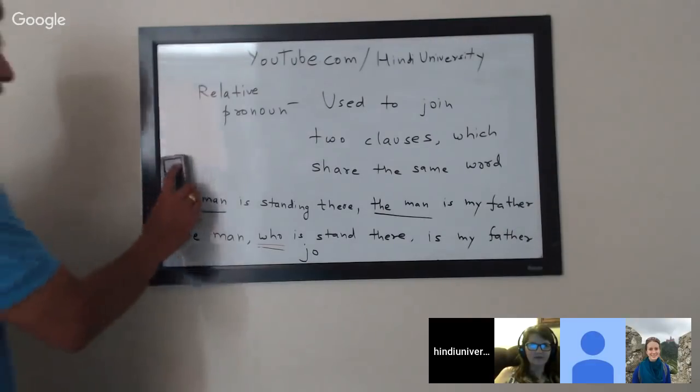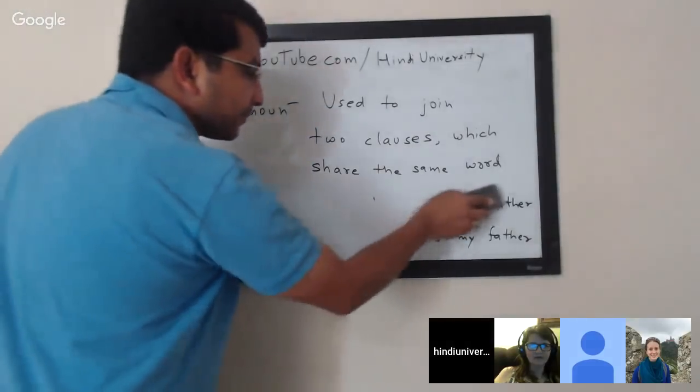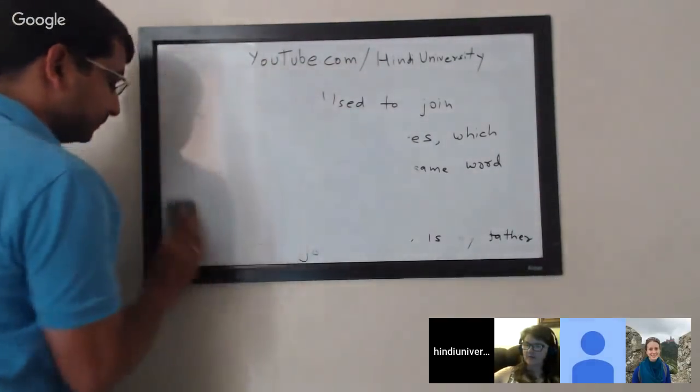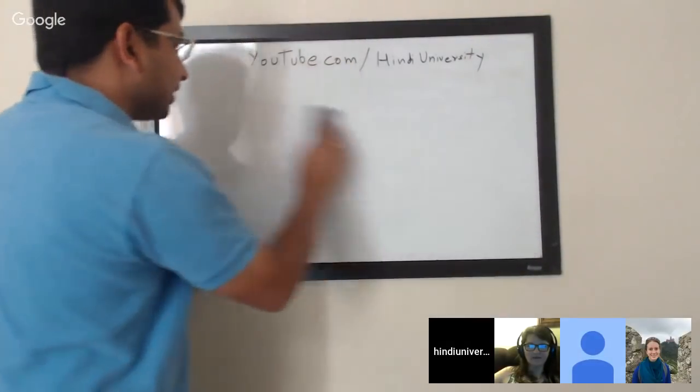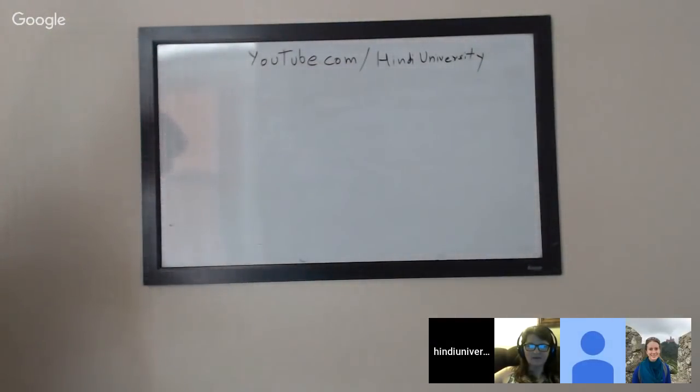Let's take more examples of relative pronoun. And as I'm covering it, feel free to talk about how this is covered in your native language. Okay, now let's take another example.